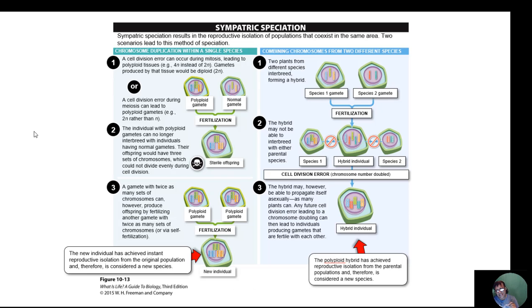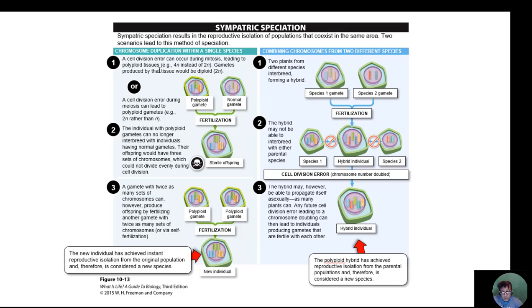But there's also something called sympatric speciation. Sympatric speciation results in the reproductive isolation of populations that coexist in the same area. So two scenarios can lead to this method of speciation. Let's take a look at the left-hand side here.